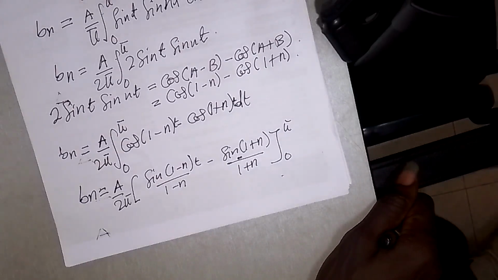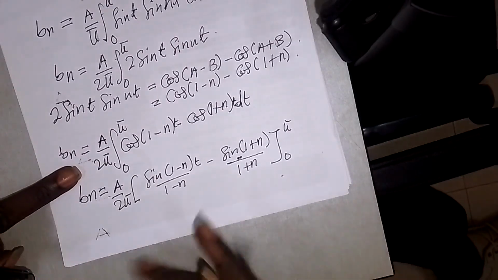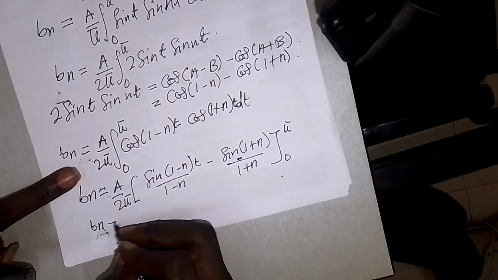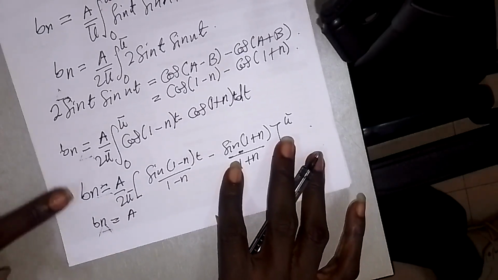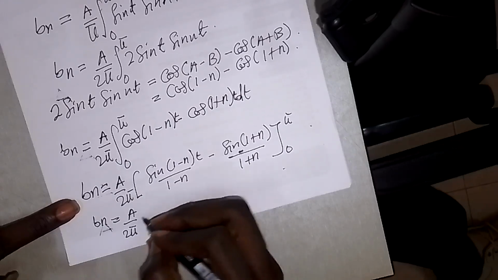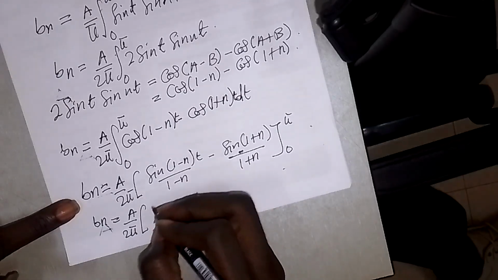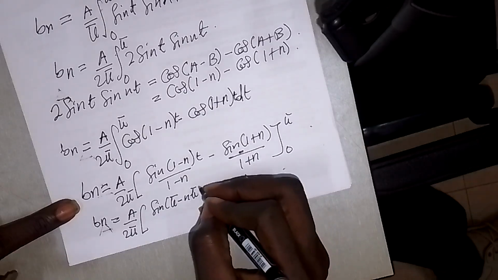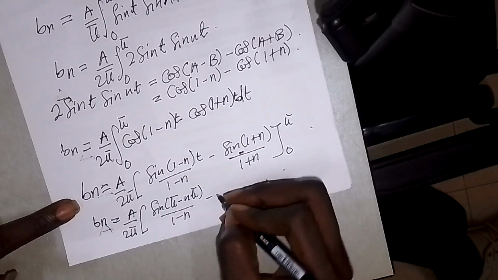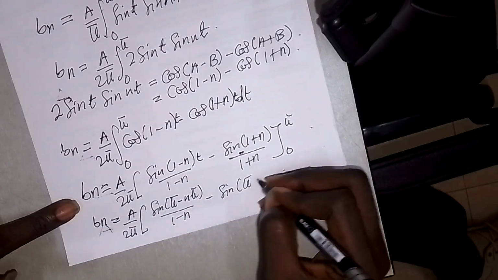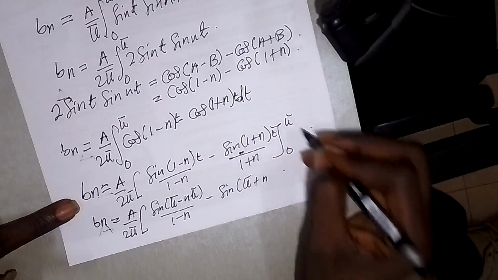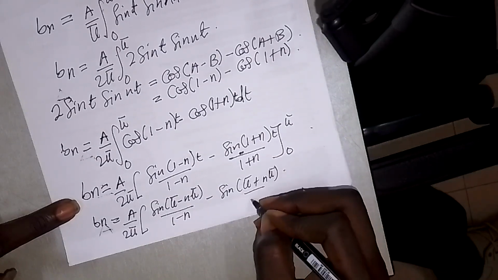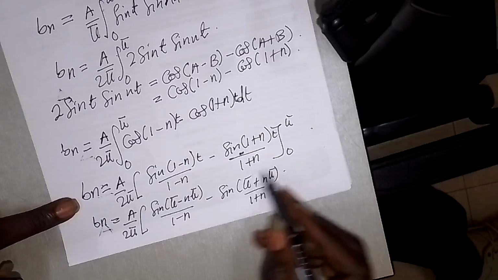So now Bn is equal to a on 2 pi into sine(pi minus n pi) over 1 minus n, minus sine(pi plus n pi) over 1 plus n. That is introducing the limit.